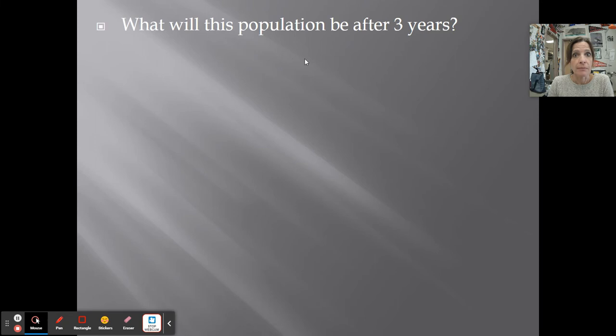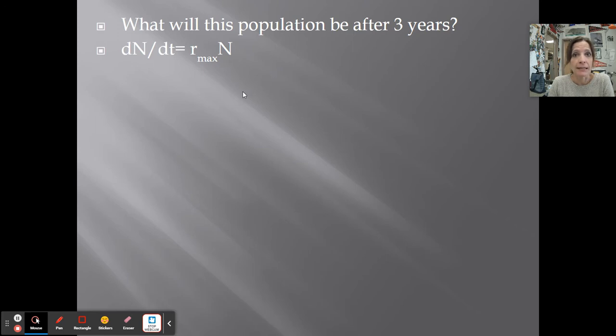Okay, so this same population, what will it be after 3 years? This is a little more tricky in how you do this. So go ahead and pause the video and see if you can do this. Okay, so you have this equation, right? Change in population over time equals r max times the population size. So it's not as easy as just dividing by 3 because your N is going to change each year, right?